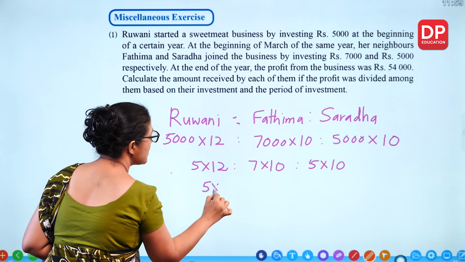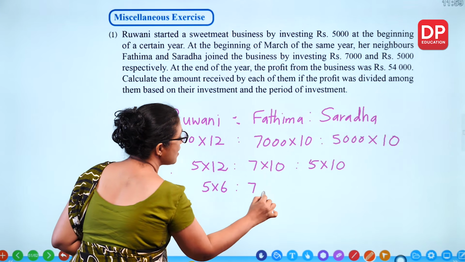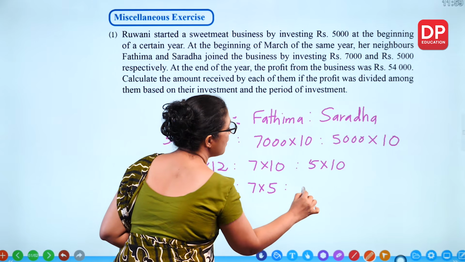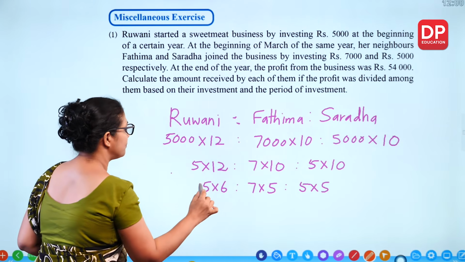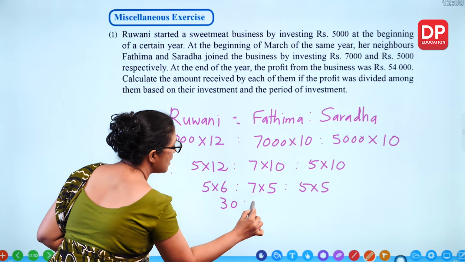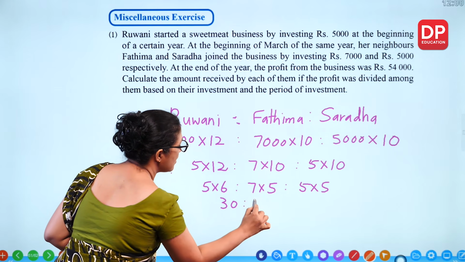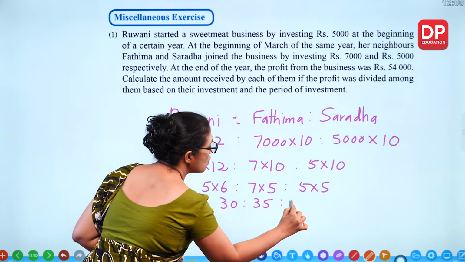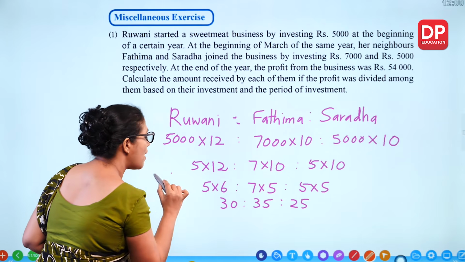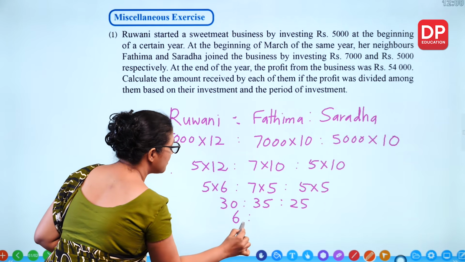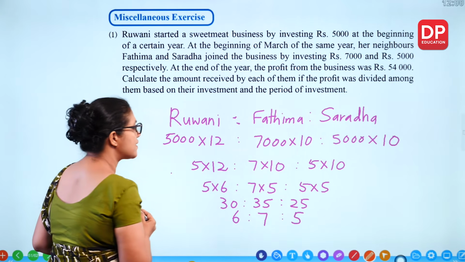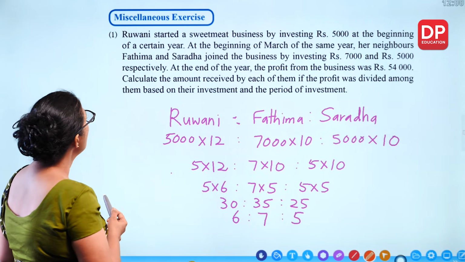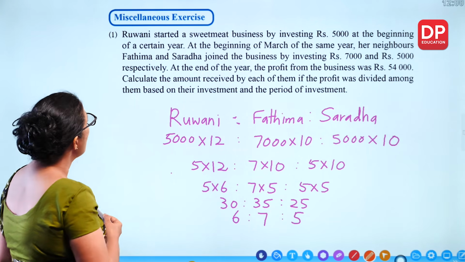So 5 times 6, 7 times 5, and 5 times 5. So 30, 35 and 25. You can divide by 5. 6, 7 and 5. So that's the combined ratio.